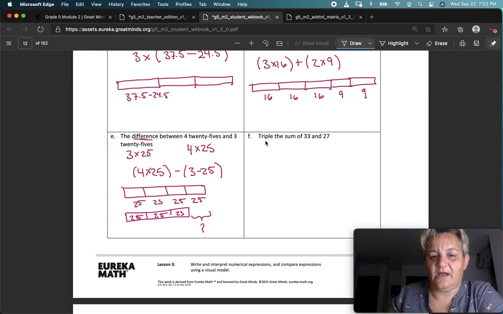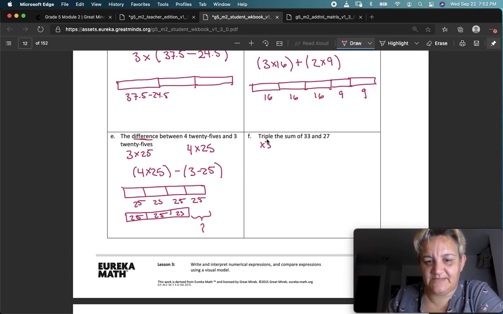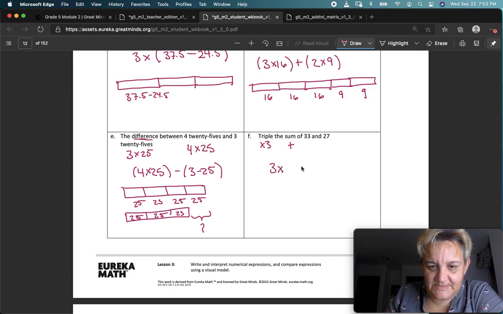Good. All right, triple. Triple means times 3. Triple fudge sundae, 3 times the fudge. Triple the sum, and sum means adding, of 33 and 27. So 3 times 33 plus 27.